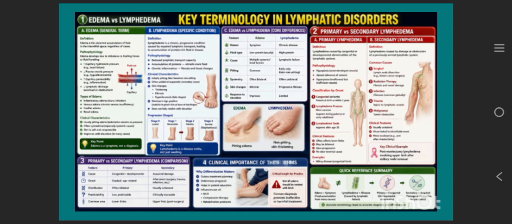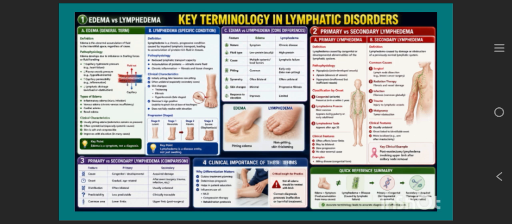The fourth clinical characteristic of lymphedema is a positive Stemmer sign, meaning inability to pinch the skin at the base of the toe or finger.